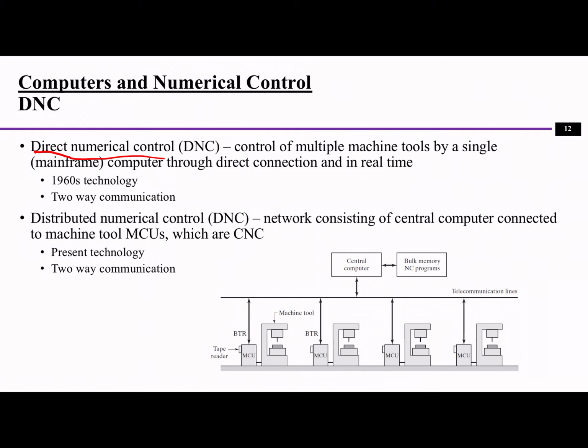These are called direct numerical control. And later, when networks started, we could use one central computer to control multiple machines at the same time through telecommunication technologies. So all these CNC machines form a network, and we can use one single machine to control all of those.